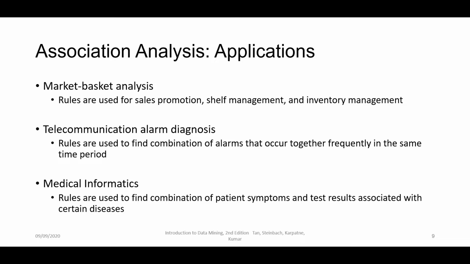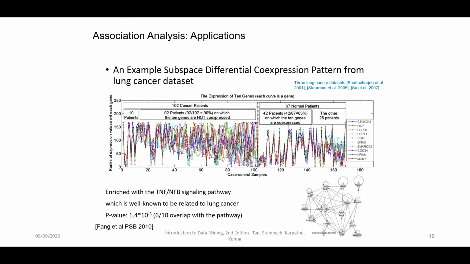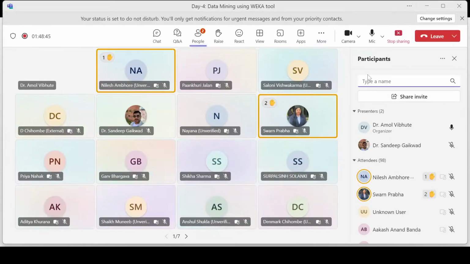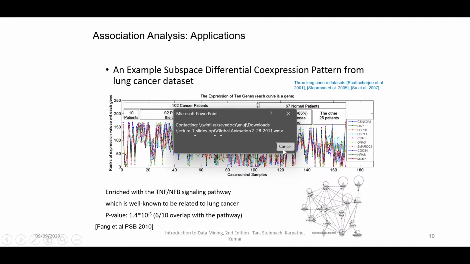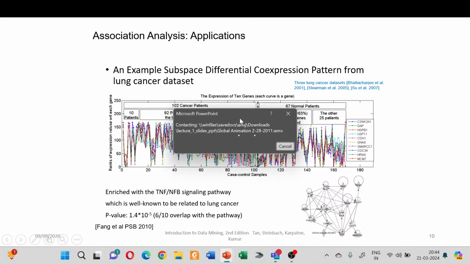In that case, these methods are applied. Even in suspect patterns in a lung cancer data set, to detect similar patterns, we can apply association rules. That is the scenario about this one. Fine. Now I'm moving toward the practicals.